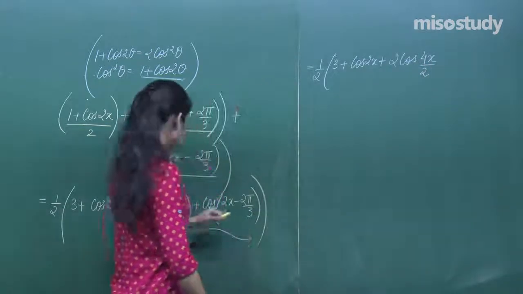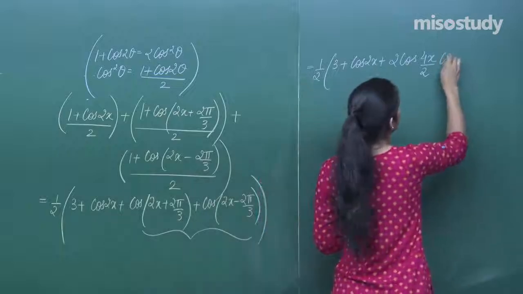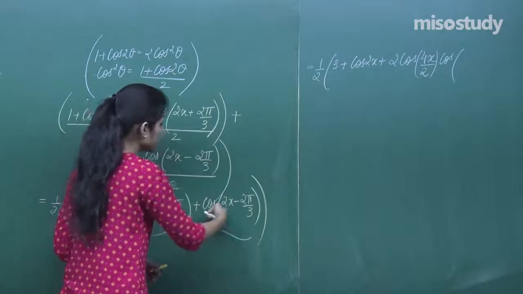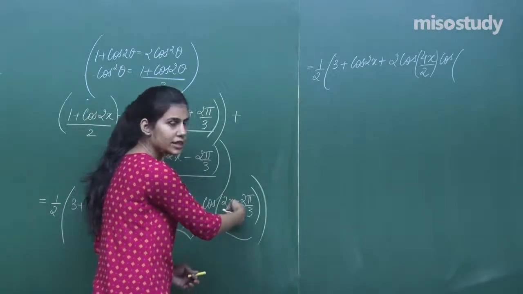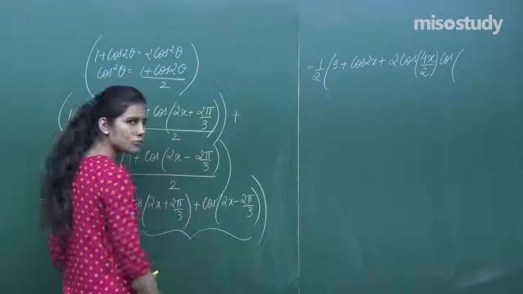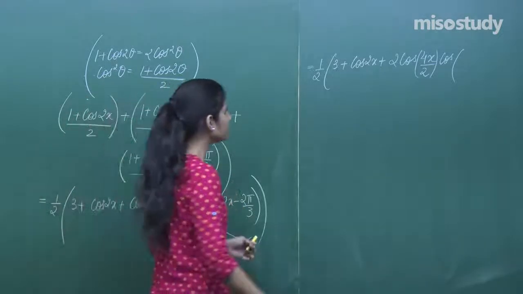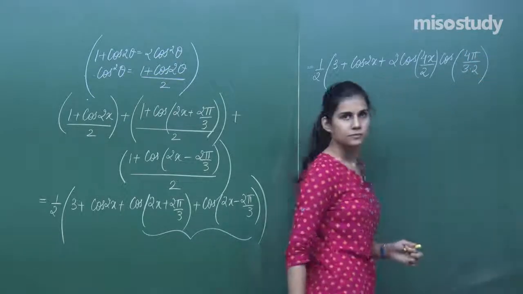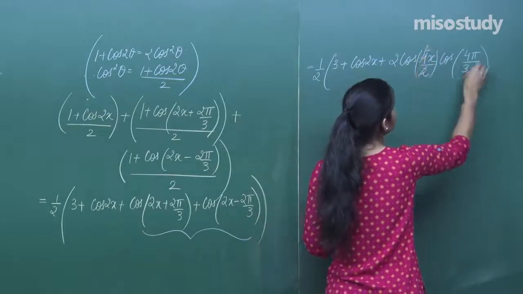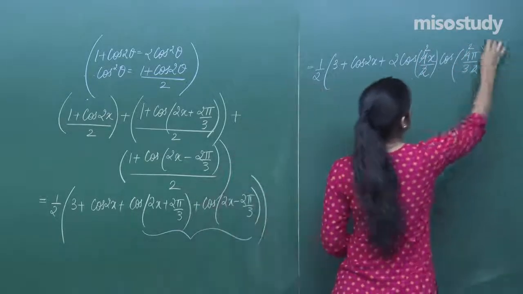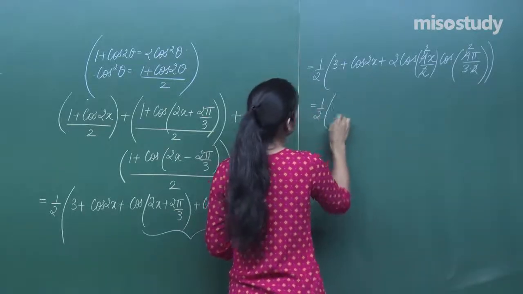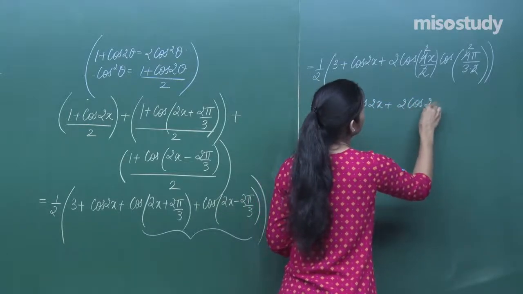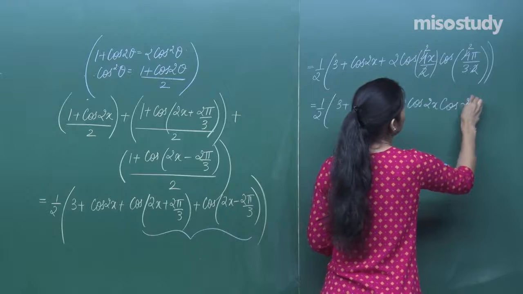Then 2 cos of c minus d by 2. c minus d is 2x plus 2 pi by 3 minus 2x minus 2 pi by 3, that gives you plus 4 pi by 3. So 2x minus 2x cancels out, you are left with 2 pi by 3 plus 2 pi by 3, that is 4 pi by 3, whole upon 2. So eventually you have, this is 2, this is 2. So you are left with 3 plus cos 2x plus 2 cos 2x cos 2 pi by 3.